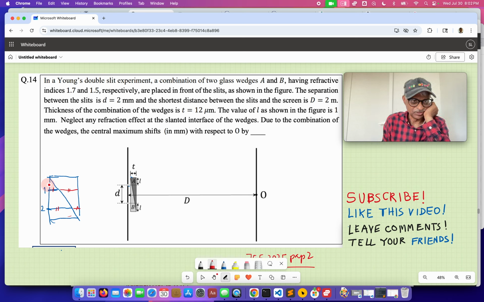If you look at this large triangle, this is T, and this side is D, and this L and L. So this is D plus 2L.